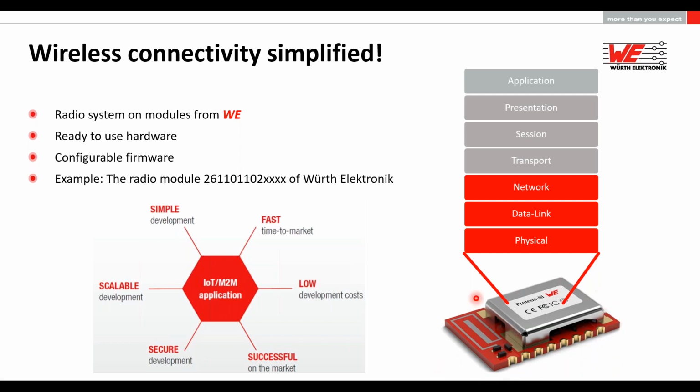Using such a module, which implements the network, data link, and physical layers of the ISO OSI 7-layer model, prevents a lot of possible errors and ensures that you get your product to the market in time. Factors like the onboard antenna and being easy to solder onto a design make the RF development of older days really outdated. So it is really smart to use such a module, build it into your application, and be sure everything works out of the box.